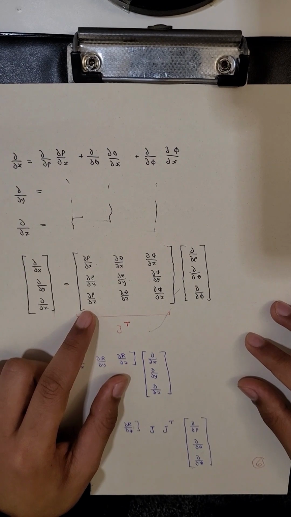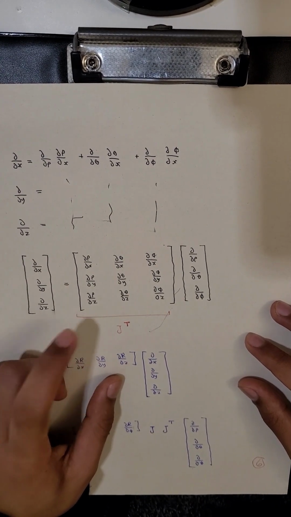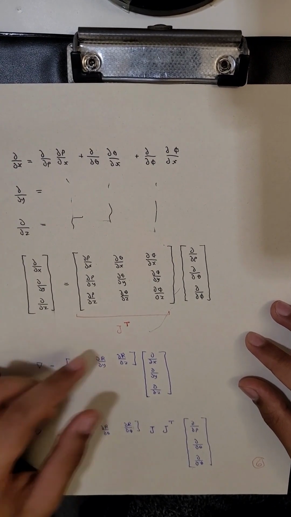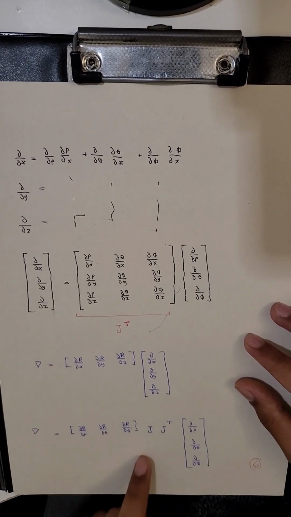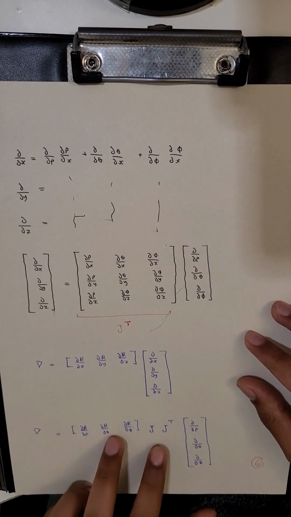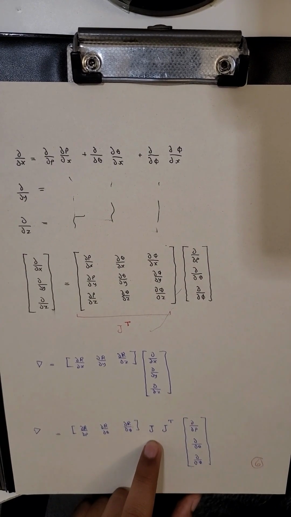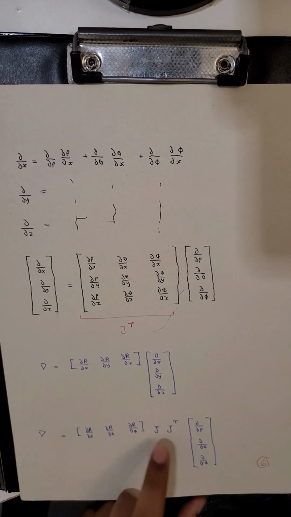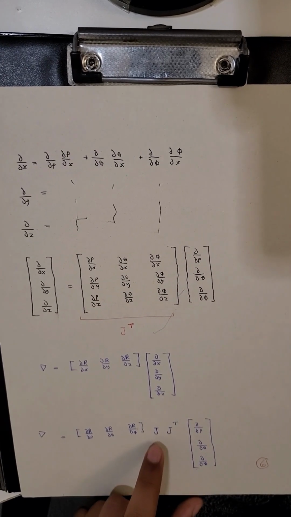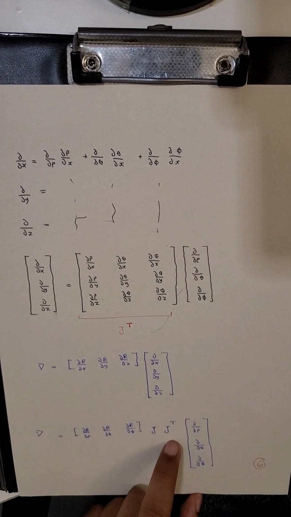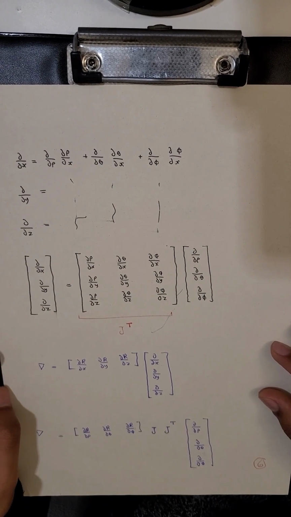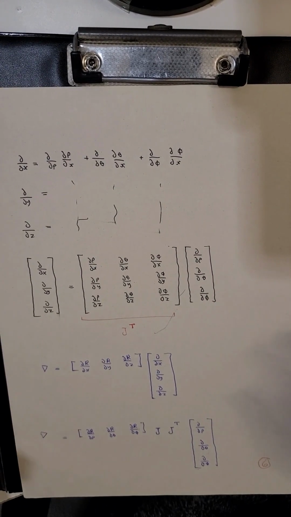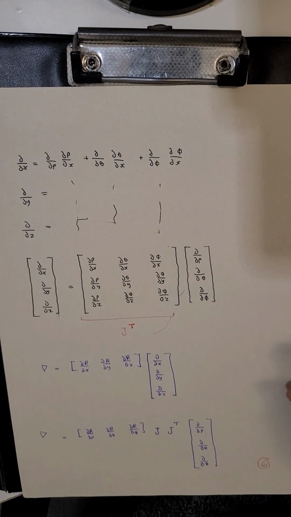And that's interesting. Why is it the transpose? Because you'd expect to find the inverse. Again, you look here, as we did in the beginning, we had F and F inverse. Now we have J transpose. It's because we are defining a transformation between orthogonal bases to orthogonal bases.